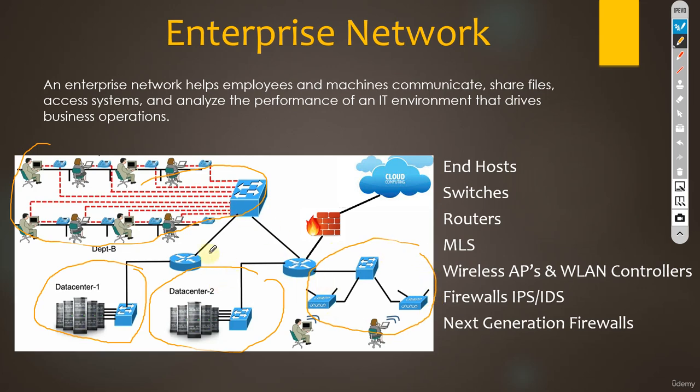Different networks means they are using different IP schemes. The IP addresses being used here on this switch are different than this one, then this one, and then this one. So routers are connecting different networks so they can communicate. That is the main basic reason for using routers in your enterprise network.